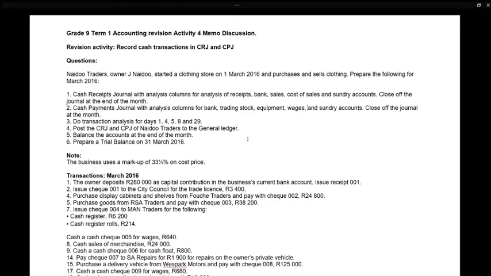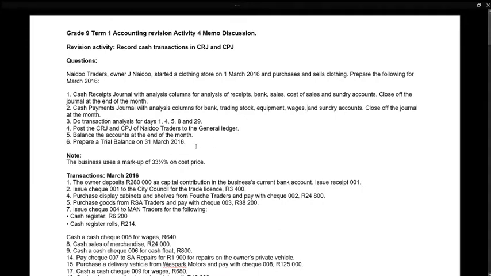So, question. Naidoo Traders and the owner J. Naidoo started a clothing store on the 1st of March 2016 and purchased and sells clothing. Prepare the following for March 2016: 1. a cash receipts journal, 2. a cash payments journal, 3. do transaction analysis for days 1, 4, 5, 8 and 29.